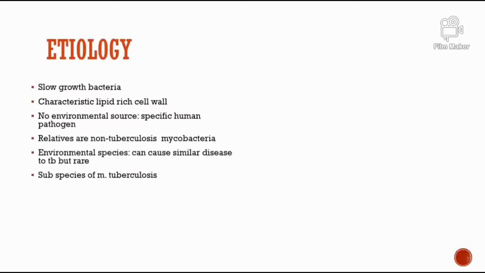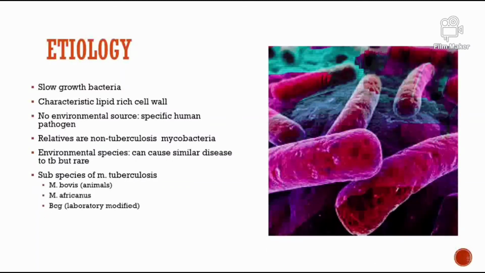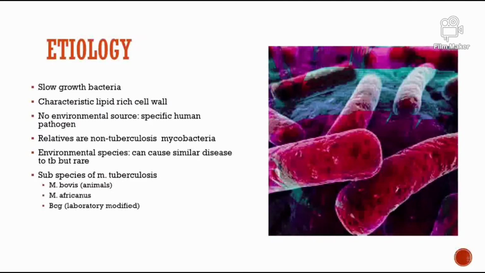Relatives are non-tuberculous mycobacteria. Environmental species can cause disease similar to TB, but this is rare. Subspecies would be M. bovis in animals, M. africanum, and BCG, which is laboratory modified.